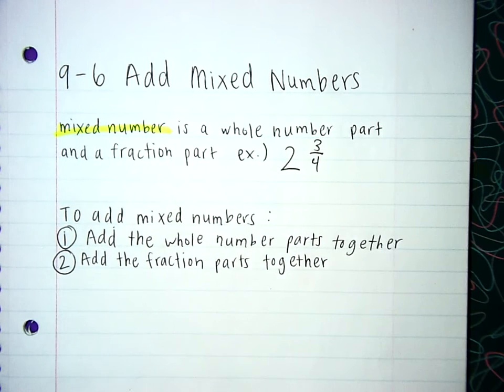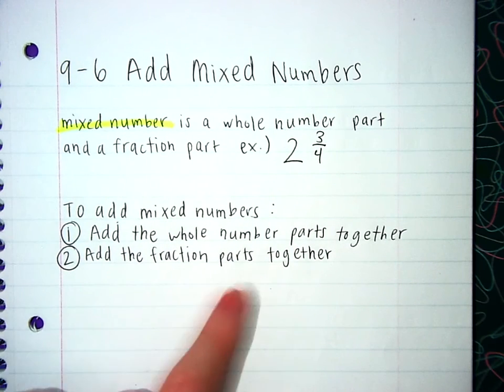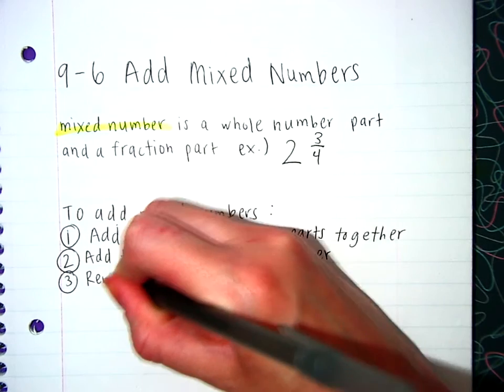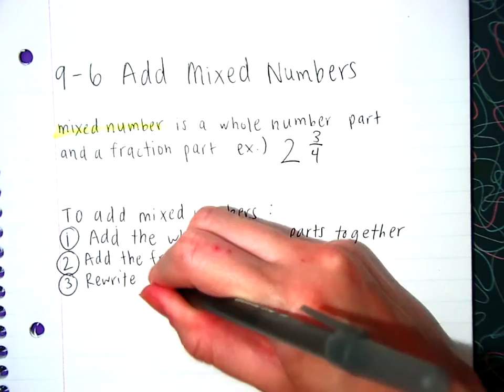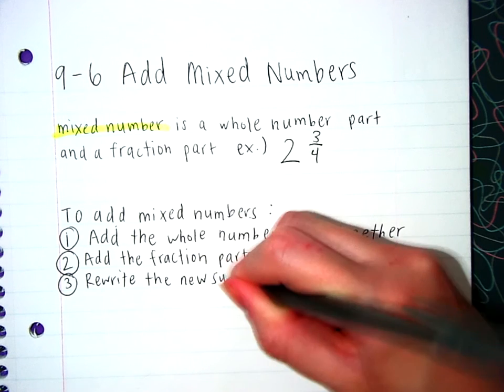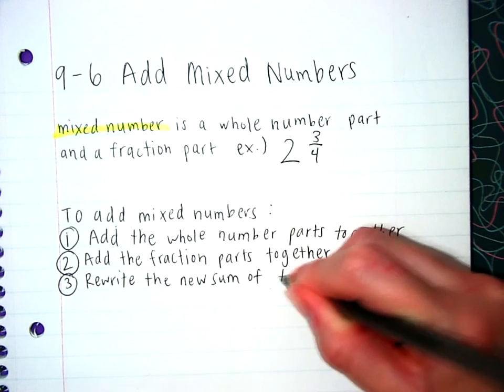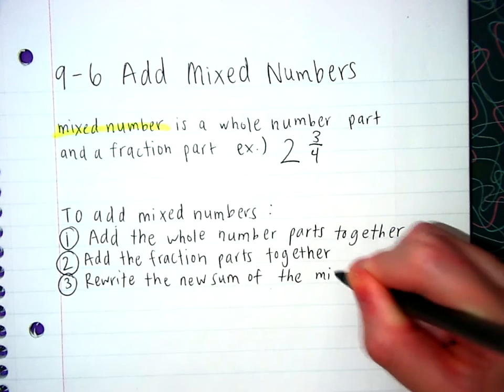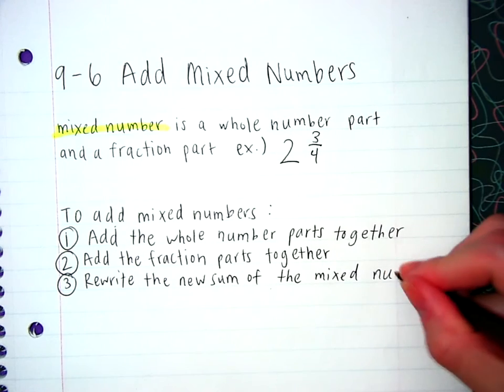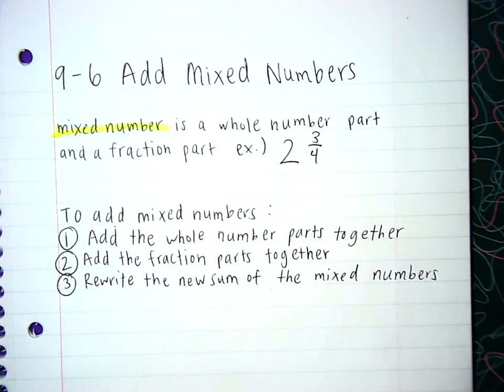That's what we've been doing, adding fractions, so you'll see what I mean there. Then you are going to rewrite the new sum of the mixed numbers. So that's the new mixed number you are going to end up with once you have added the two.